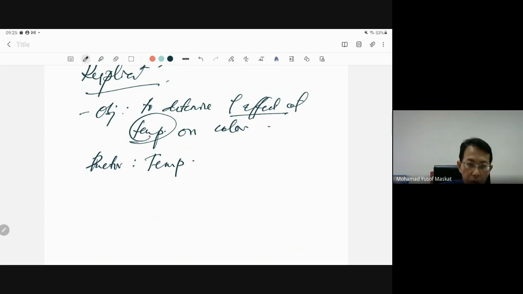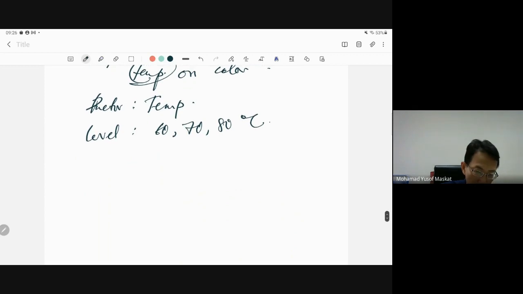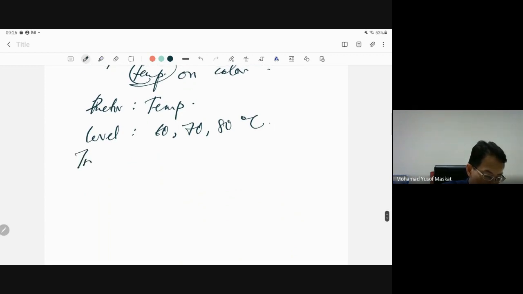In order to determine the effect of temperature, we cannot use only one temperature, right? If the temperature is constant, then we will not be able to determine the effects. So we have to vary this. The levels, for example, 60, 70, 80 degrees C, are the treatments.